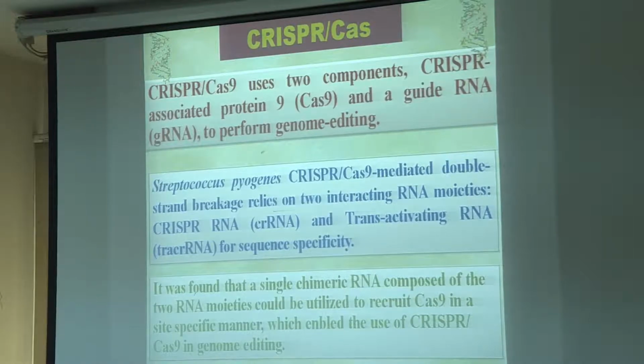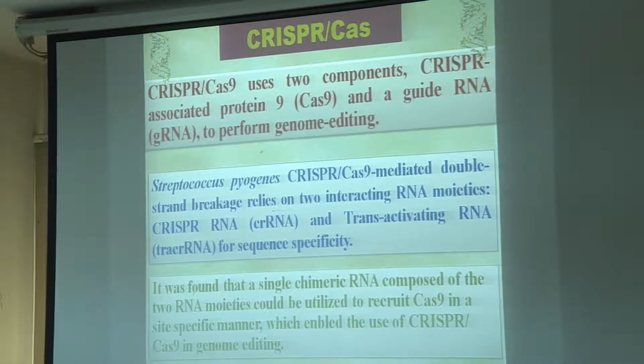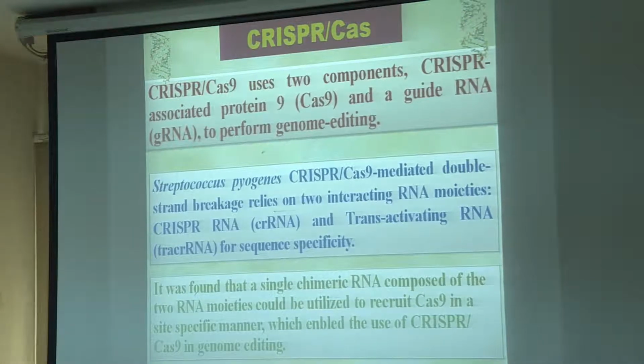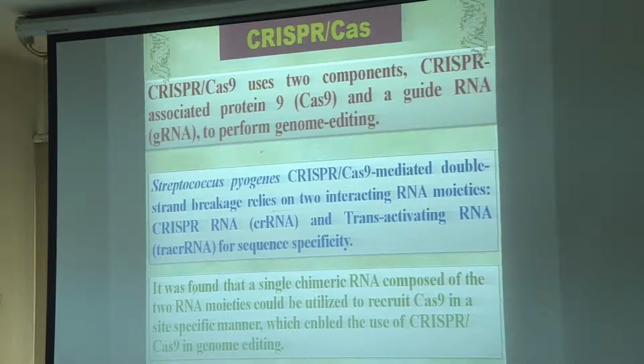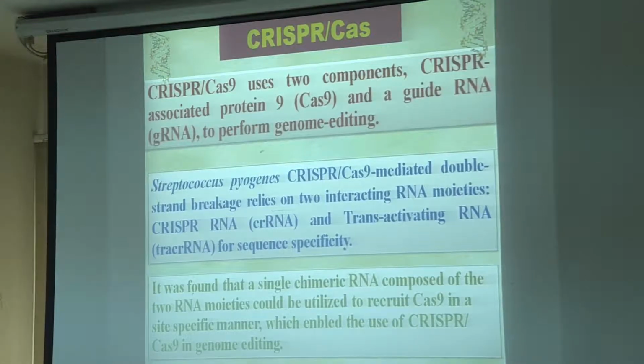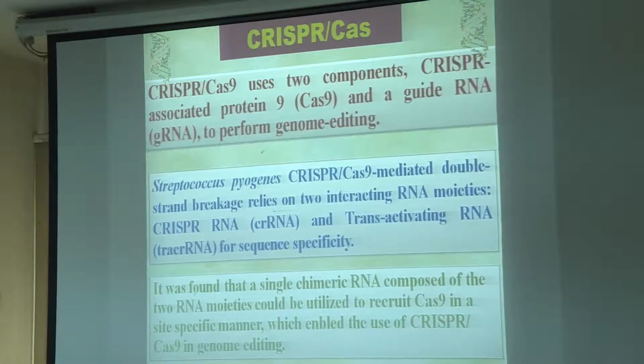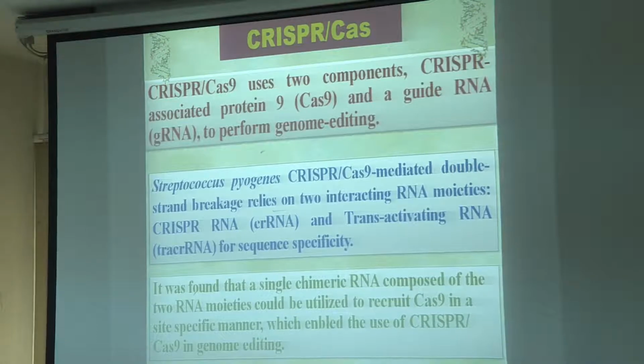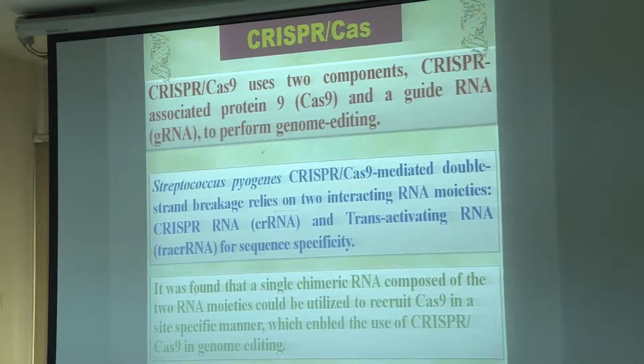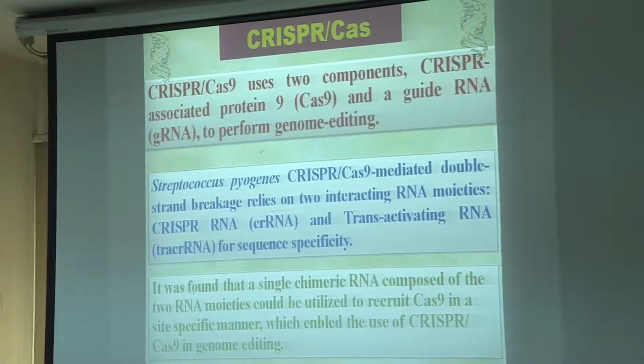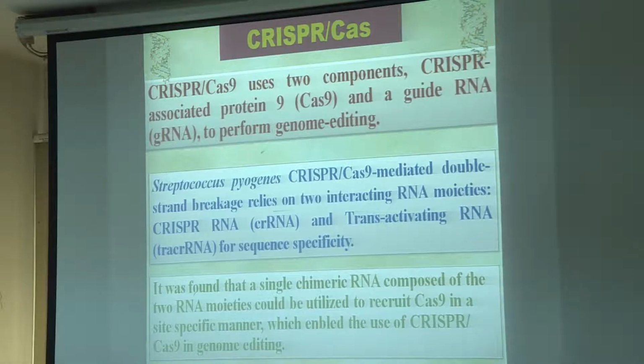Then CRISPR-Cas, the last one we are going to discuss, is the CRISPR-Cas. Here again there are two components. One component is going to bind or identify the target site, and the attached Cas, that is CRISPR associated nuclease, will make the cut.